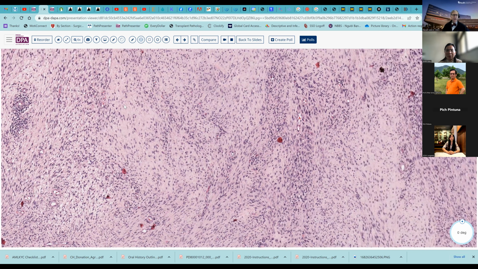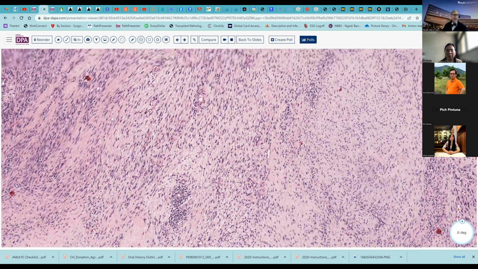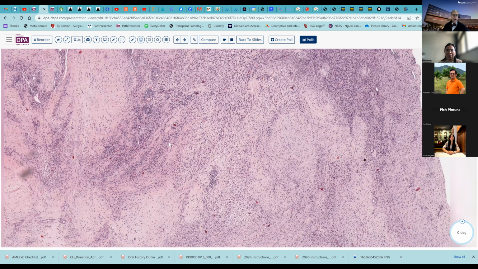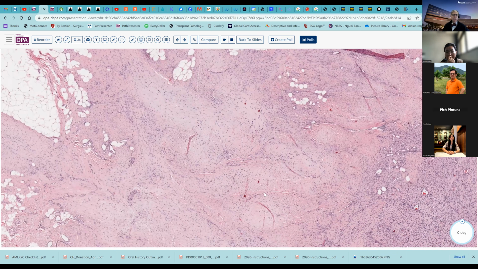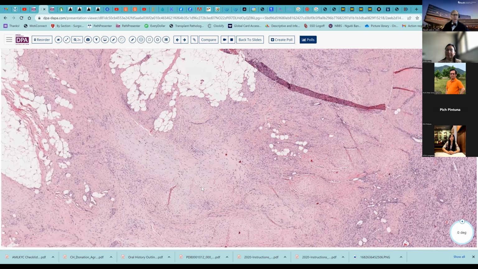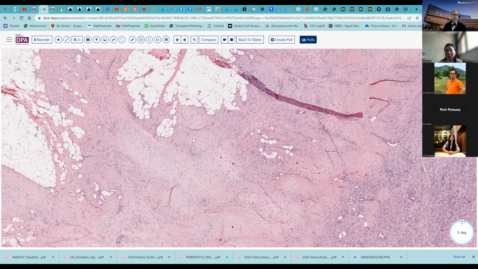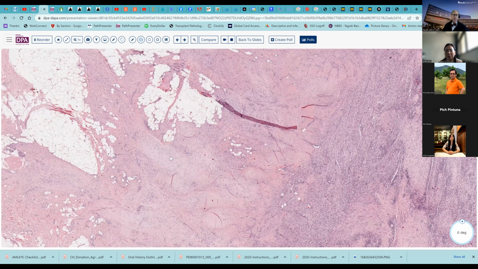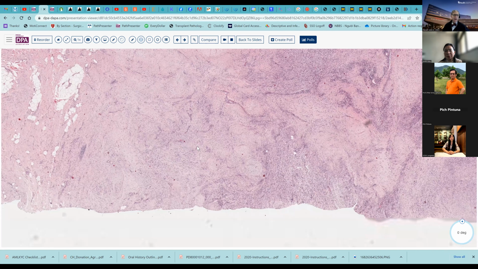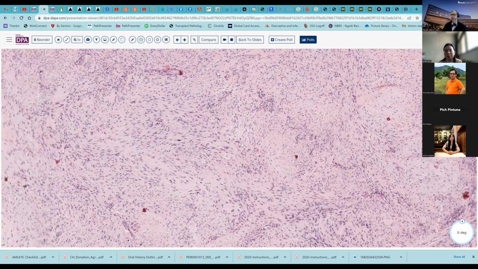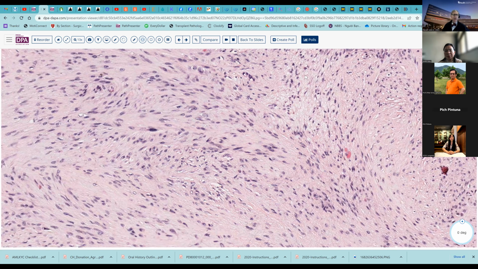Some areas more cellular, some areas less, and varying degrees of dense fibrosis associated with these. So there are a number of medical treatments for this as well, but usually this, if it's not disfiguring or impairing function, may not be removed at all. But it's essentially the same histologic appearance, just in this different location.